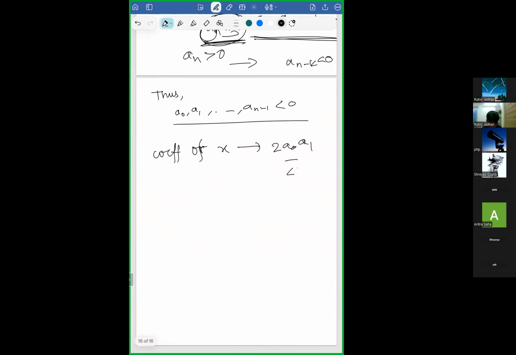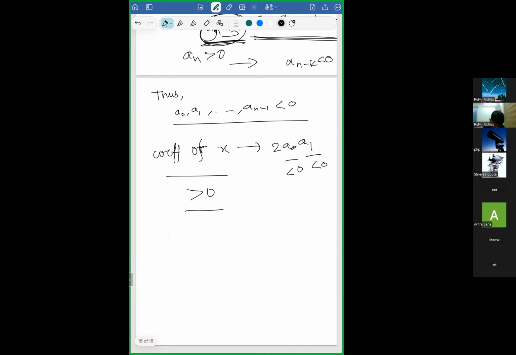A naught is less than zero. A1 is less than zero. So the coefficient of x has to be greater than zero. But that's a contradiction because we assumed that all the coefficients are less than zero. Is this fine? Yeah, got it.